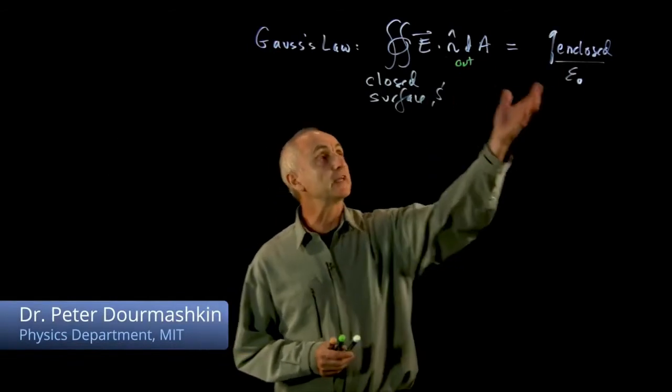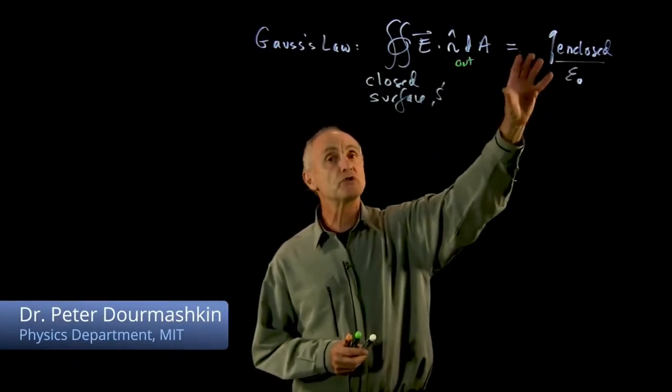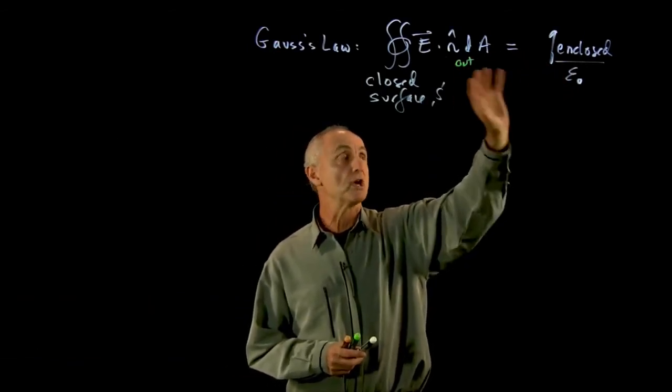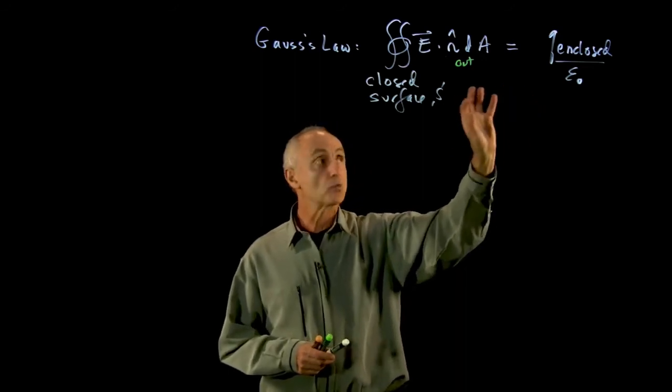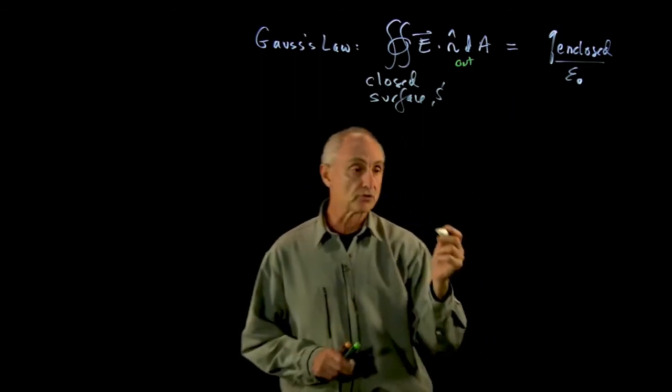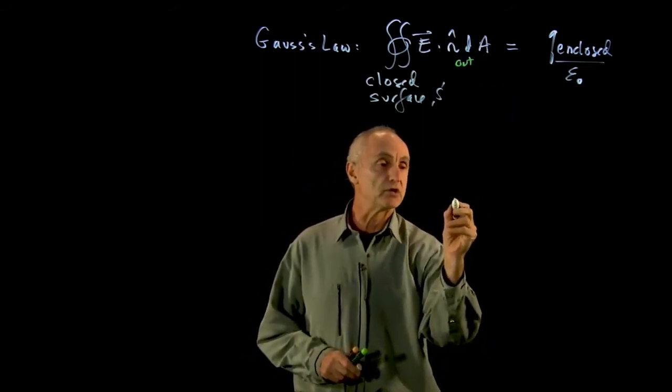Our last step in proving Gauss's law is to show this is true for many charges. We proved it for just one single point charge. So now let's look again at the following situation.